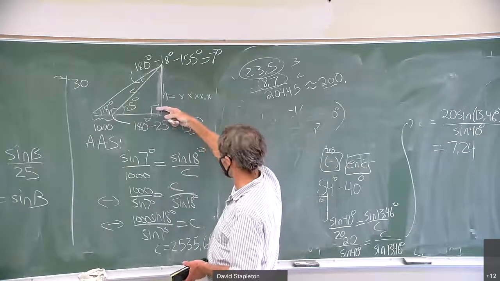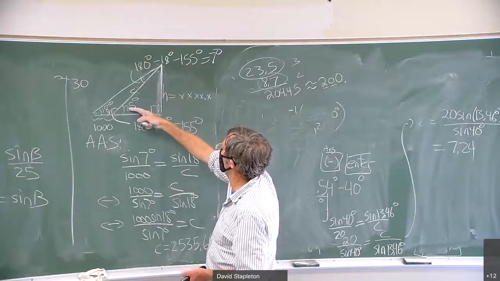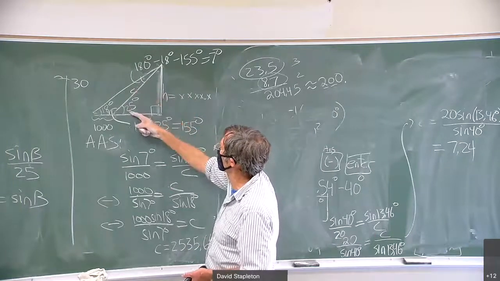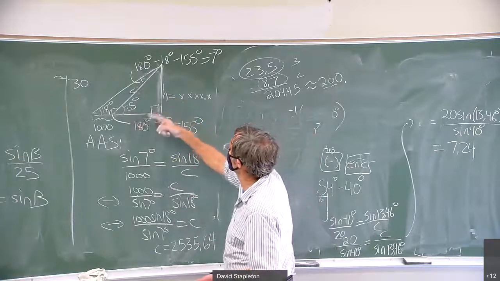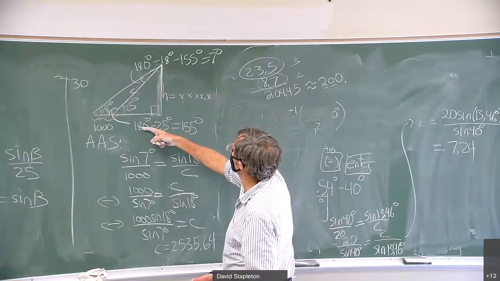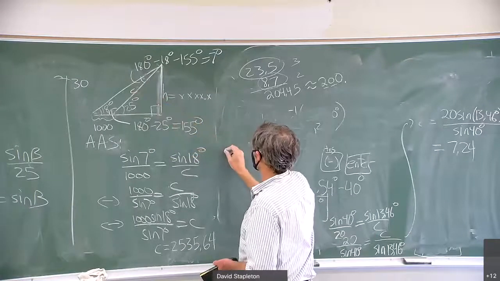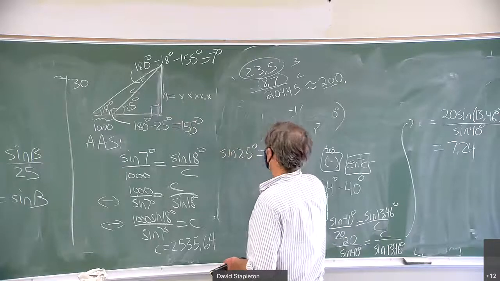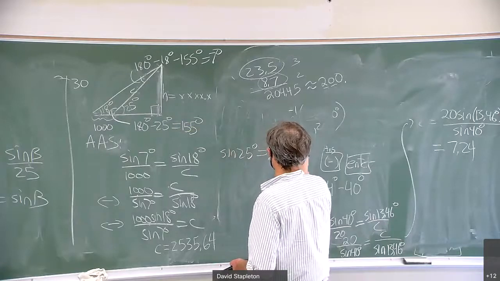Now I have this side, and I want to find this side. I have this angle. I write a right triangle relationship that relates these 3 things. All right, so I'll say, oh, that's tangent of this angle. It's this one over this one. Oops, not that. Sine of this angle is this one over this one. So sine of 25 degrees is H over C, which was 35.64.